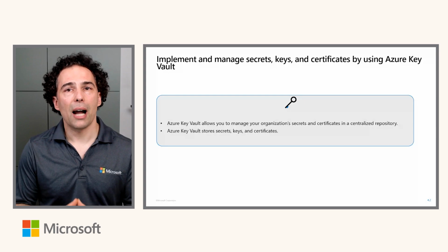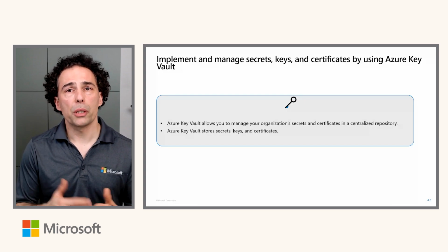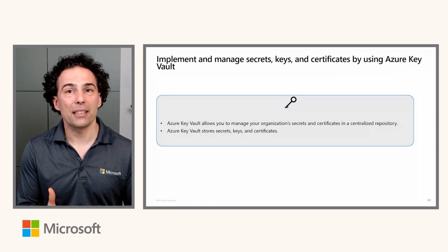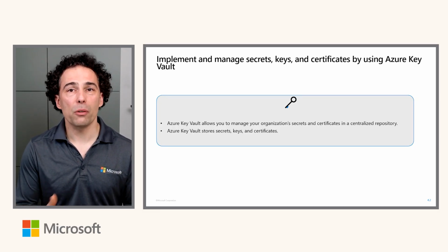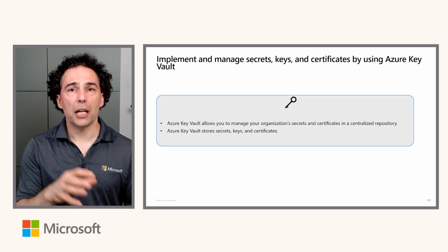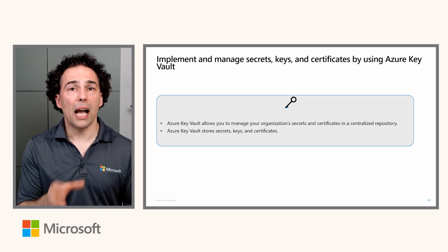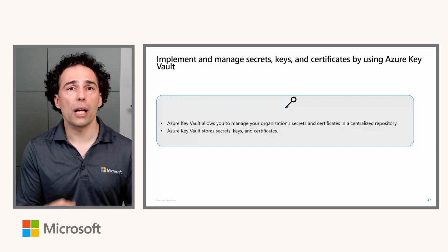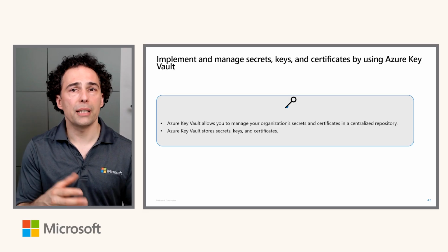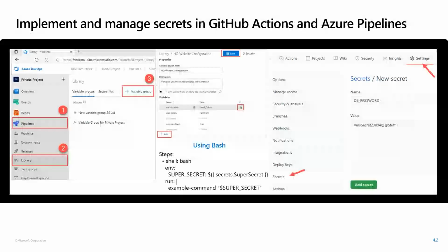Refresh your memory on how Azure Key Vault enables you to keep and handle your objects with unique identifiers and metadata, and how you can leverage different ways to access and integrate them. For instance, you can use Azure Key Vault with Azure Pipelines and GitHub to securely store and retrieve secrets such as passwords and tokens for your DevOps workflows. Both GitHub Actions and Azure Pipelines offer built-in secrets management.